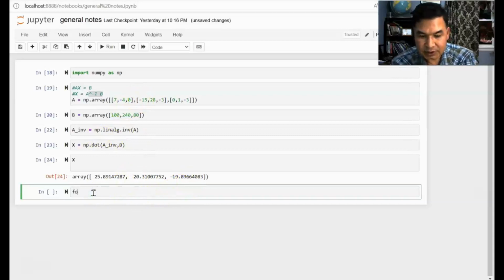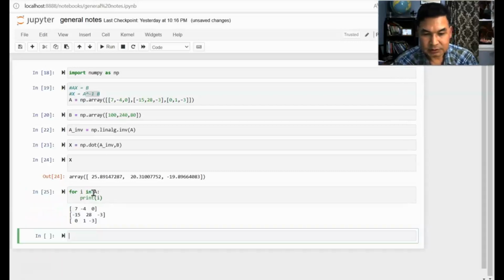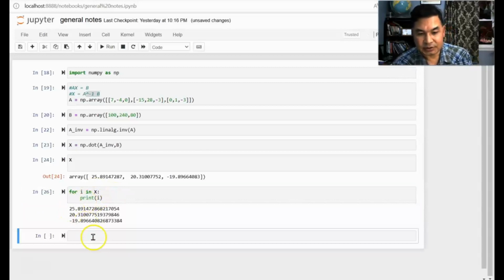And you can just extract those elements if you want. So for I in X, you can extract those. So that's your answer.